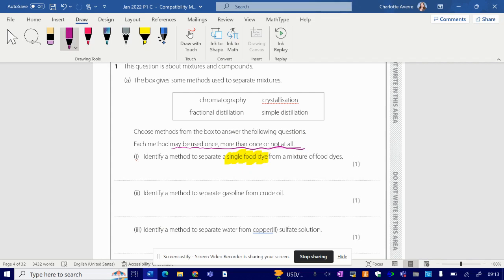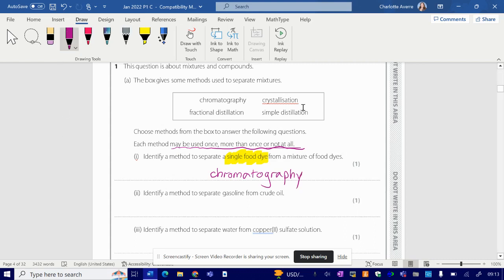The key part of this question that tells you the answer is the fact that it is talking about a dye, because dyes only involve a single method that can be used to separate coloured substances, which is chromatography.